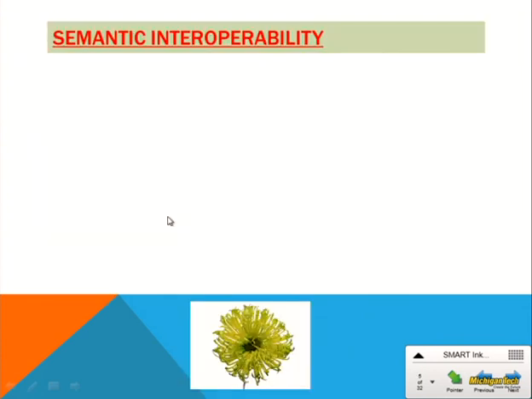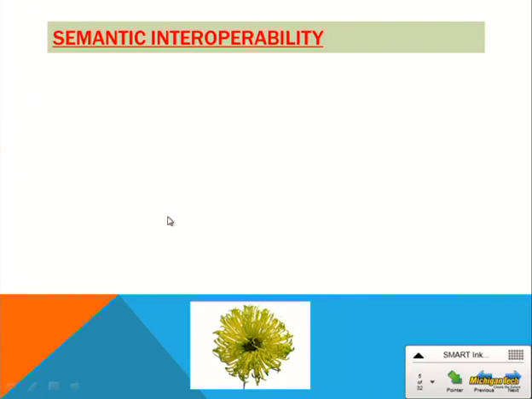So the second one is called semantic interoperability. In fact, semantic interoperability is what we plan to talk about and use in our course.